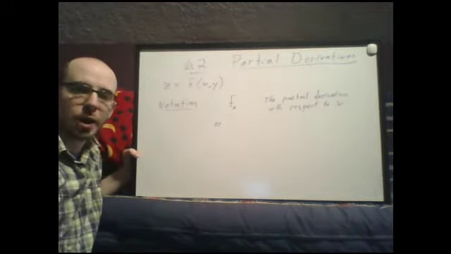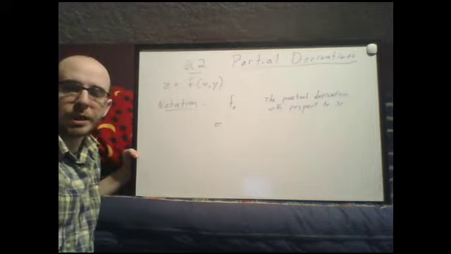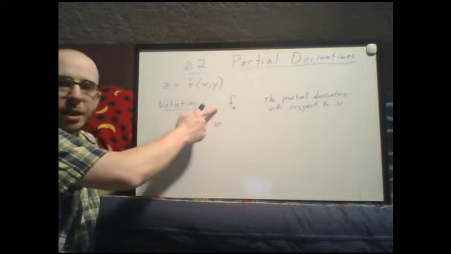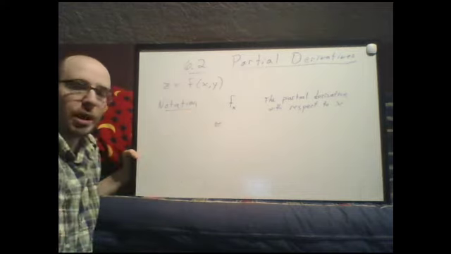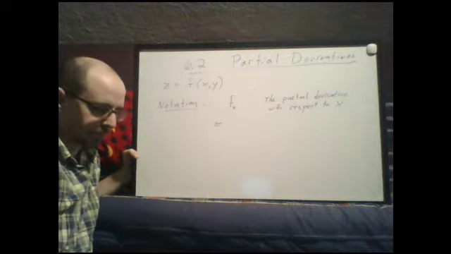Or another way to write it, so if you think back to the derivatives in a single variable function, f prime was one notation. This is the analogous notation to that. The other one was the dy dx notation.